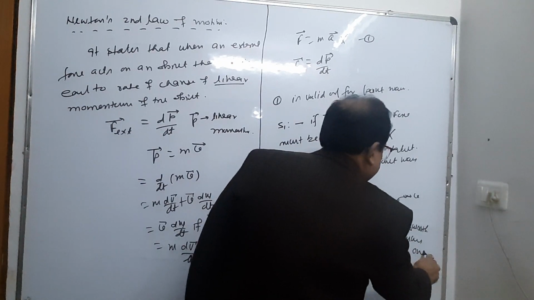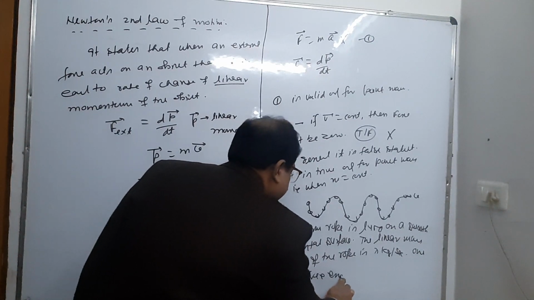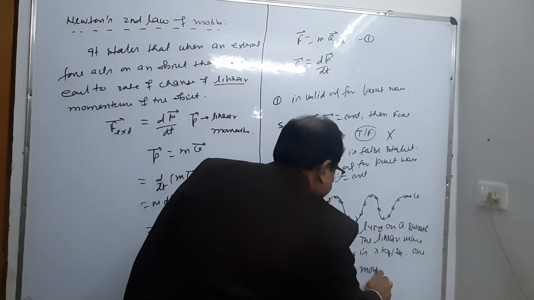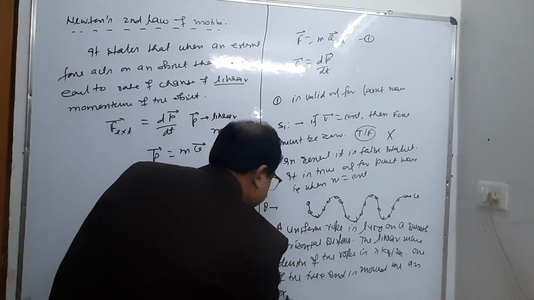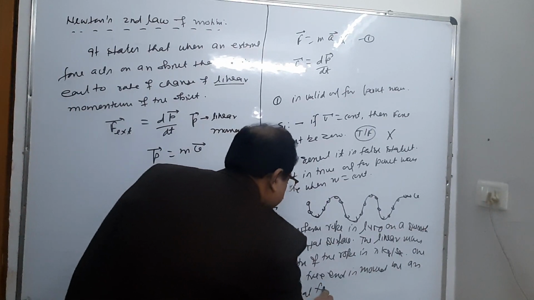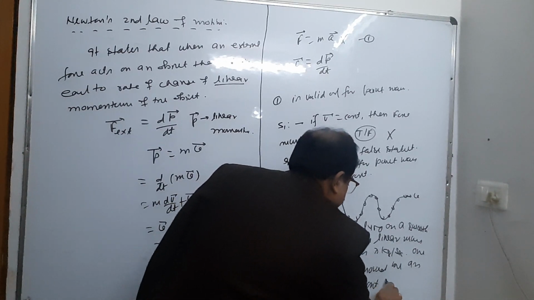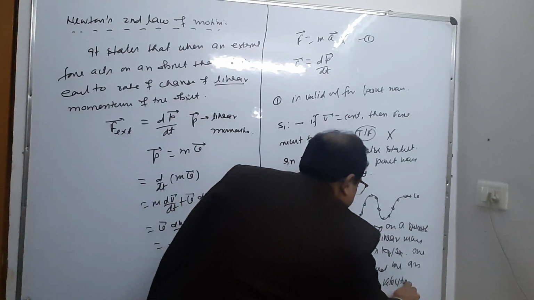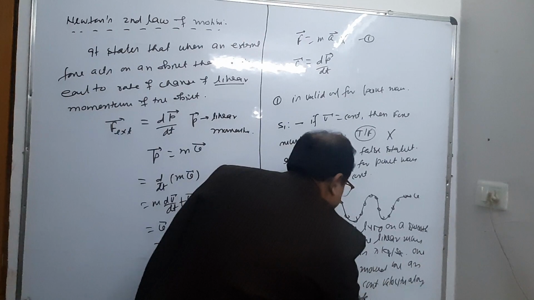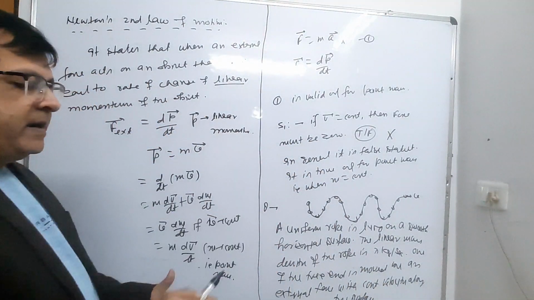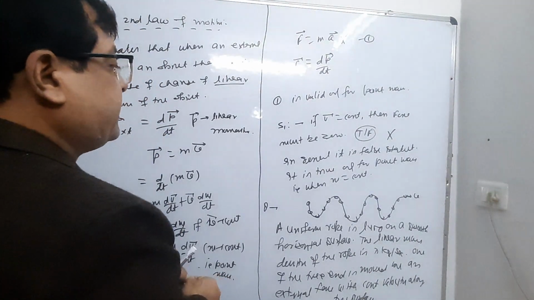One of the free ends is moved by an external force with constant velocity along the surface. So one body is pulling it along the surface with constant velocity.